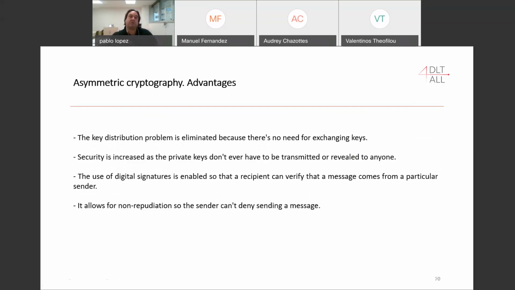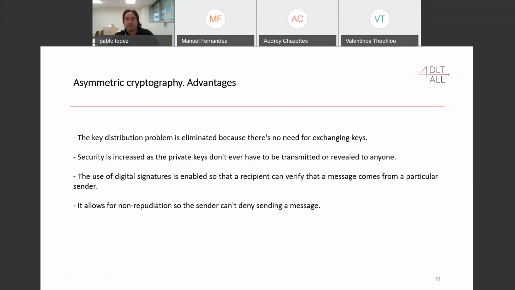The key distribution problem is eliminated here because there is no need for exchanging the keys, and the security is increased as the private keys don't have to be transmitted or revealed to anyone. The use of digital signatures is enabled so that a recipient can verify that a message comes from a particular sender.